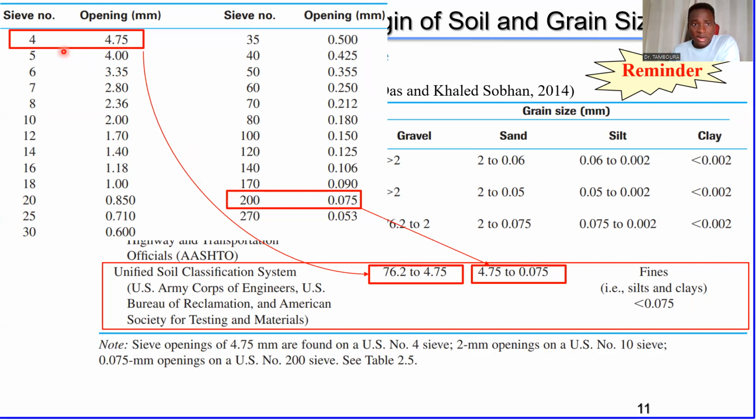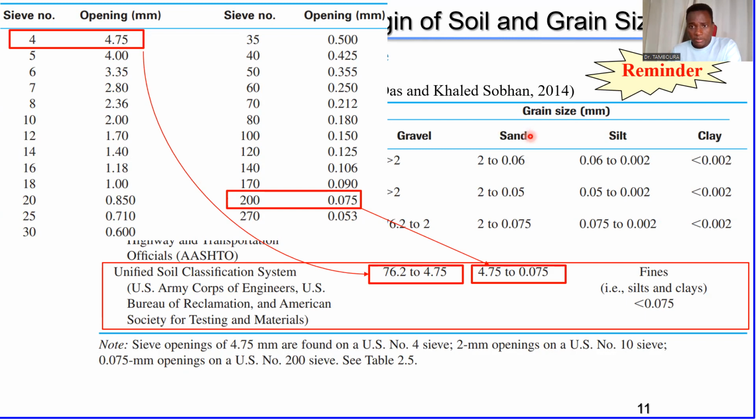But since it has passed the sieve number 4, it means the diameter is smaller than 4.75. In that case, that particle is considered as sand particle.